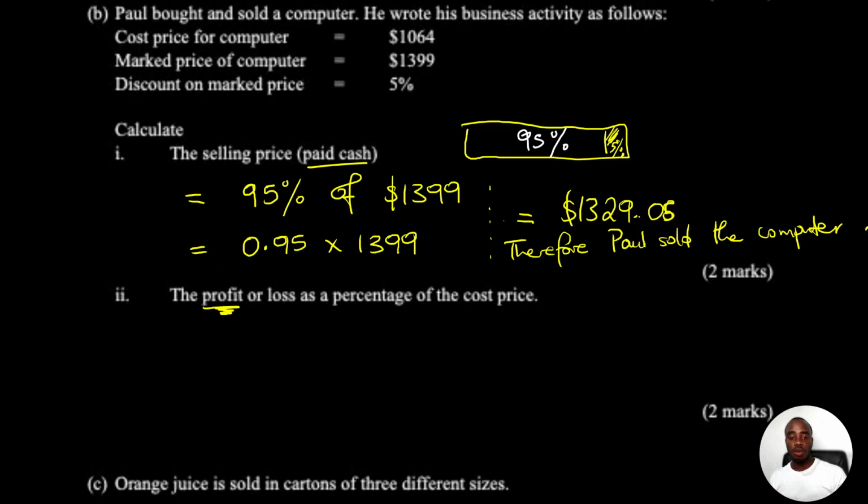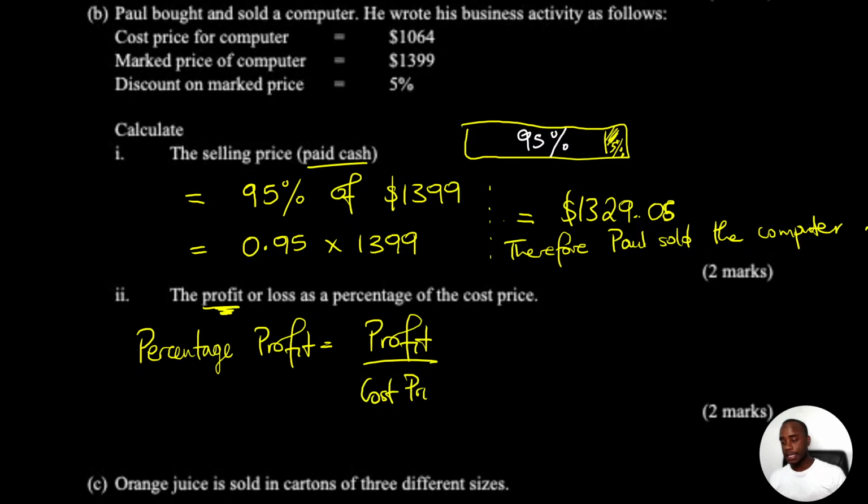So you want to find the percentage profit. To find the percentage profit, it would be equal to the profit over the cost price, because it says as a percentage of the cost price, times 100. Right, Akila? That is correct.